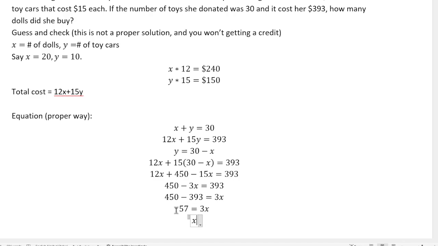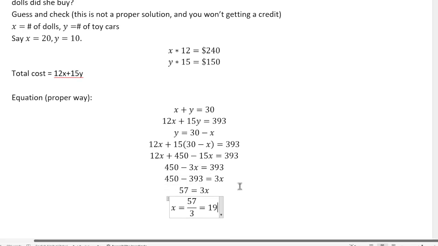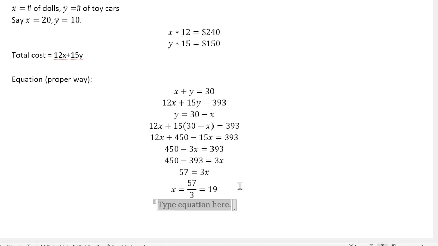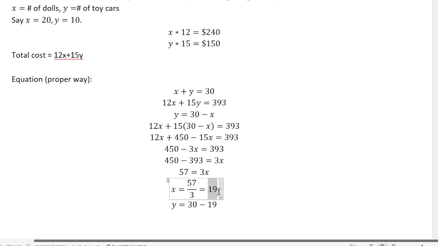And if you divide by 3 both sides, you get 57 divided by 3, which is equal to 19. Okay. And since x is 19, y must be 30 minus 19.